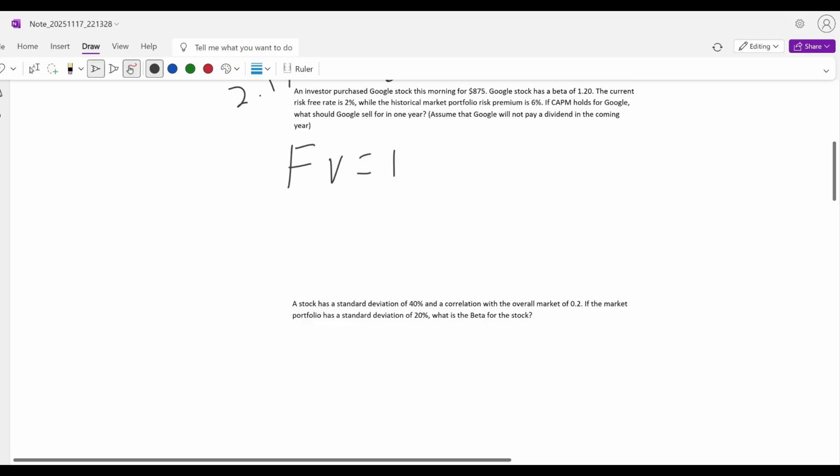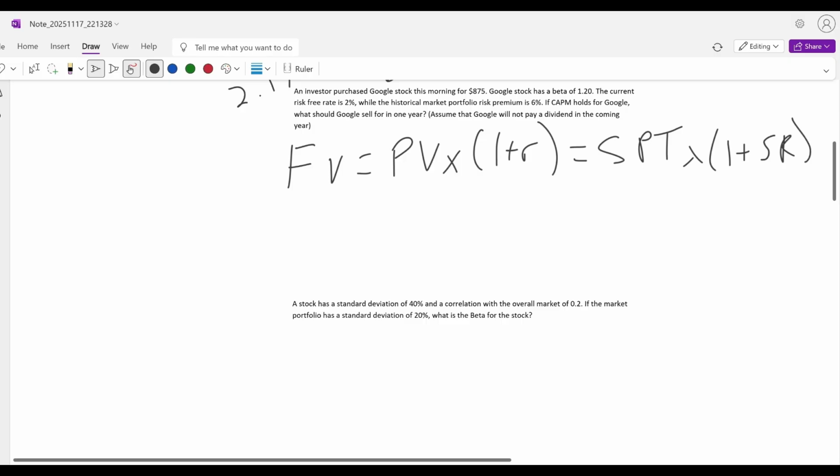Future value equals your present value times 1 plus R. And that also equals your stock price today times 1 plus your stock return. And so that means that the future value is equal to the stock price today, which is said this morning, 875.